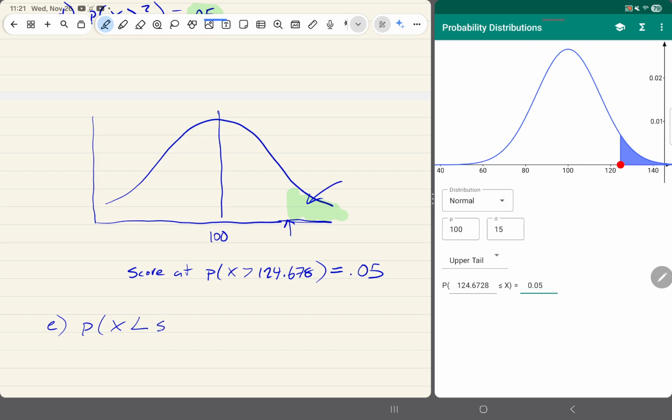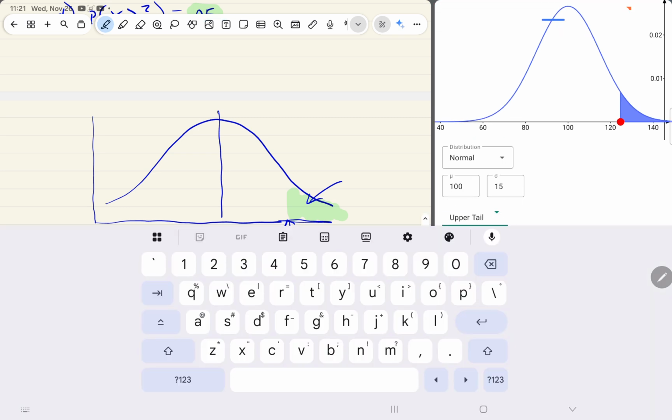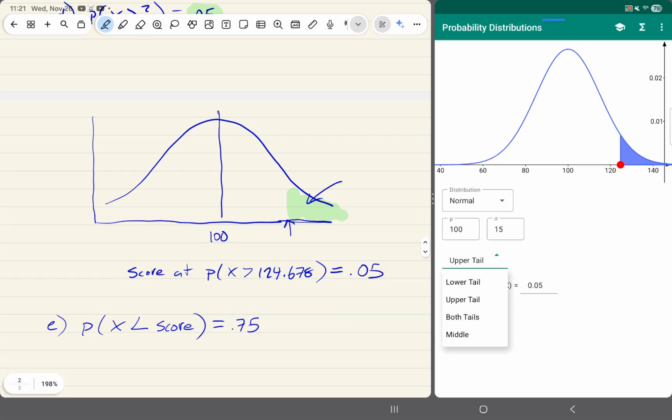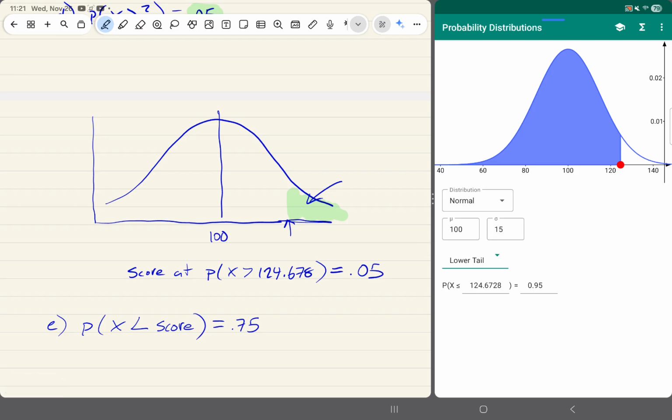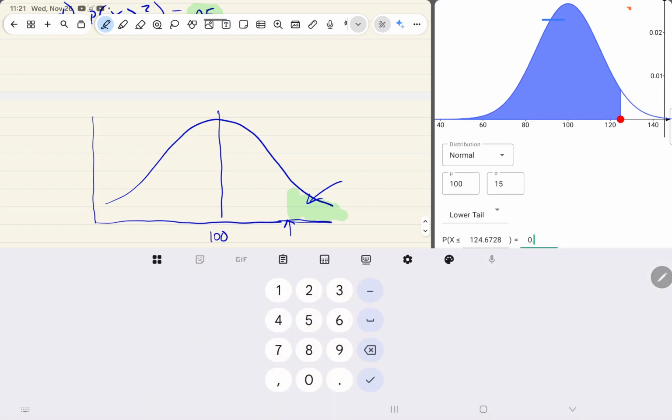Less than, or just write score. 0.75. We do the same thing, except of course we have to change this to be the lower tail, because we have this less than sign over here, not the greater than sign like we did before, but the process is pretty much the same.